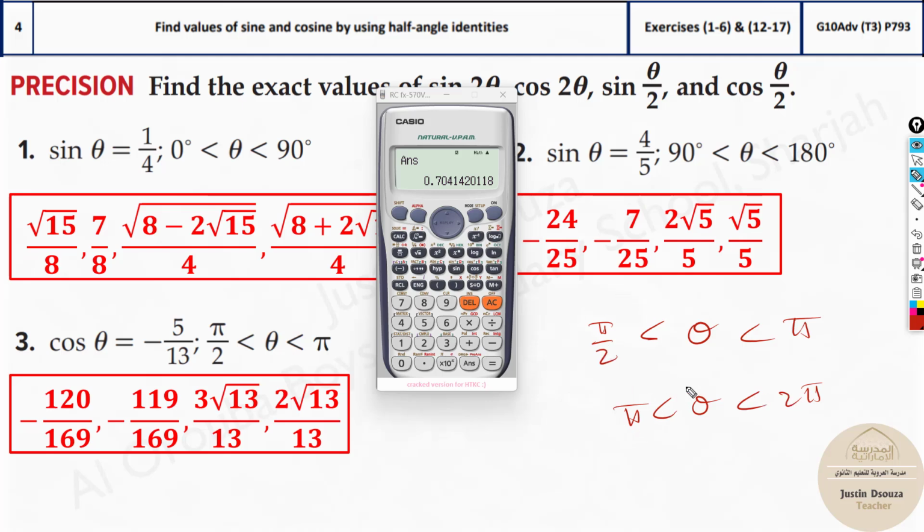Whereas for theta by 2, you just divide by 2, it will be pi by 4 less than theta by 2, and less than pi by 2. Pi by 4 is 45 degrees, and over here we have 90 degrees. So both the sine and cos will be positive because it's in the first quadrant. That is how we do it.